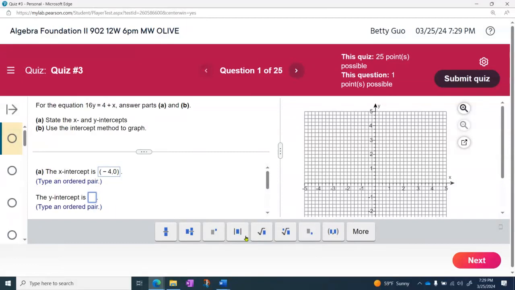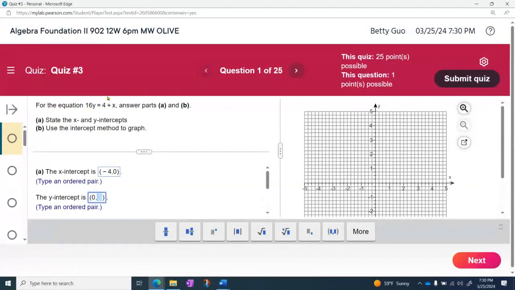The y-intercept, you click here and put a 0 in the first component because the y-intercept has a 0 as x. And what is y value? If x is 0, you remove this part. You see my arrow, the green arrow covers x. X is 0, so this part disappears, and you have 16y equals 4. If 16y equals 4, what is y? It's going to be 4 over 16, right? What is 4 over 16?